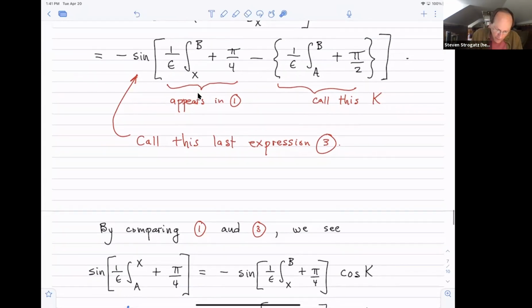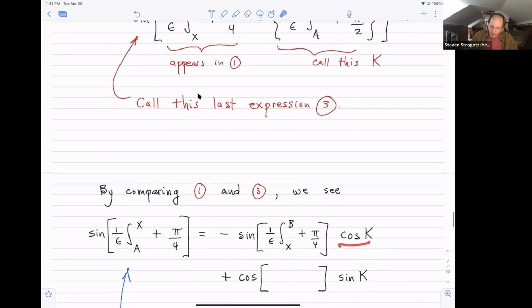If I regard this sine of a sum as something plus K, then I can expand trigonometrically to get a term that involves cosine of K and sine of K, like using a trig addition formula on the sine function. So I have a cosine K, a sine K, times the sine of the first term, the cosine of the first term.